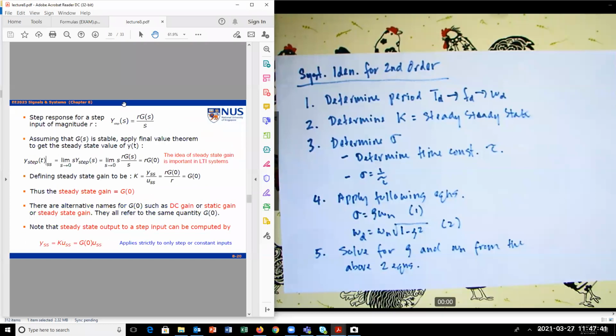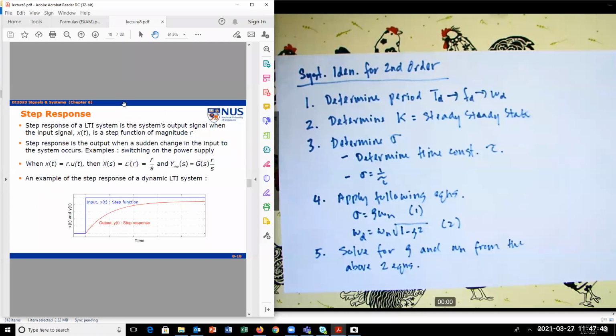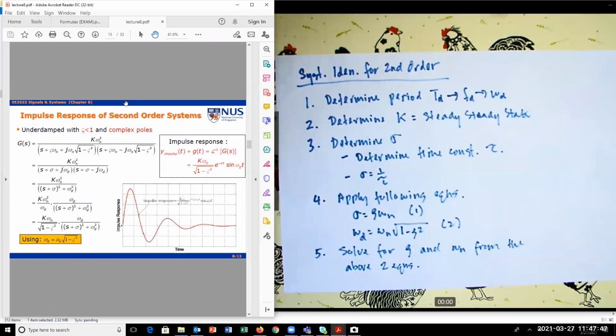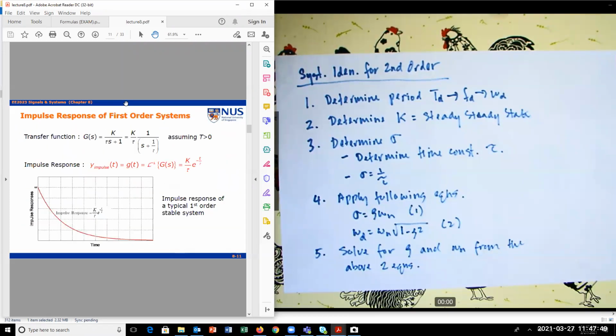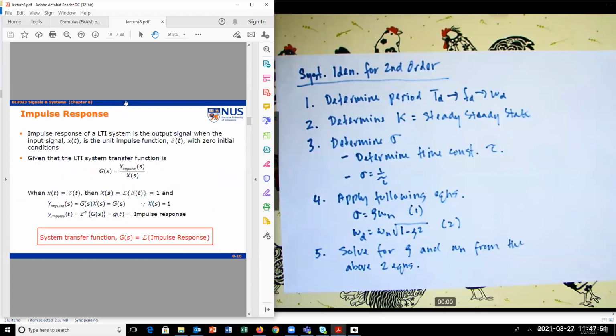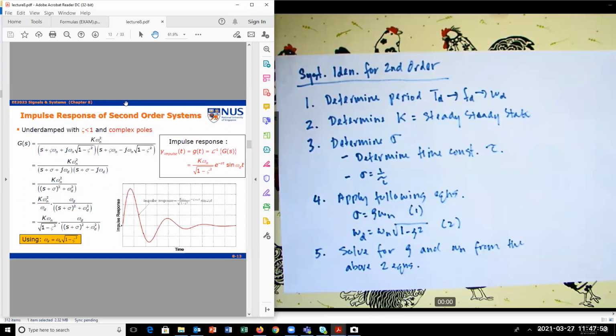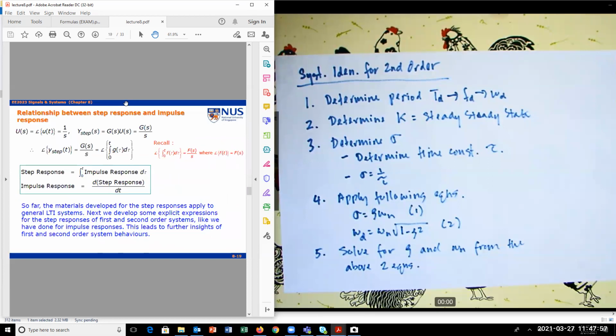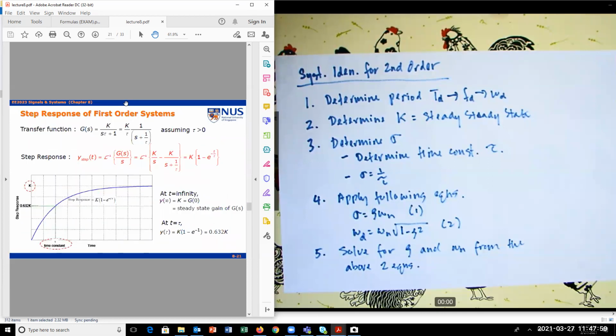Where did we define the time constant? I think we defined it over here.